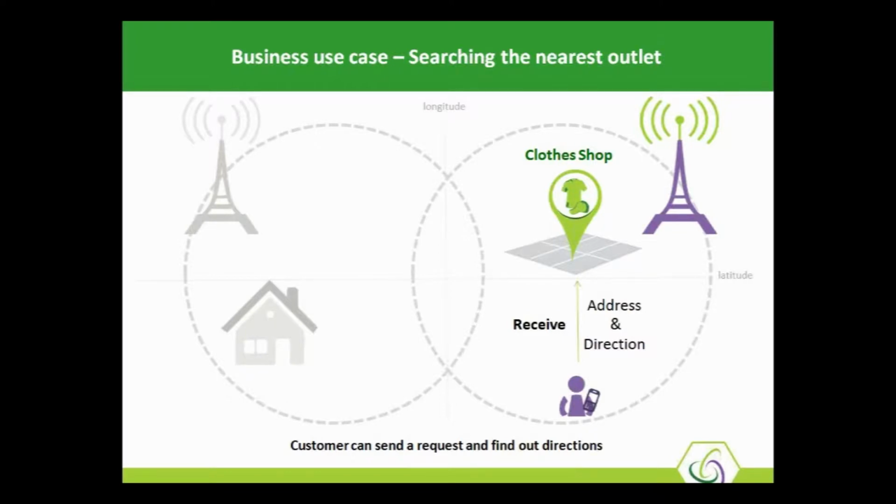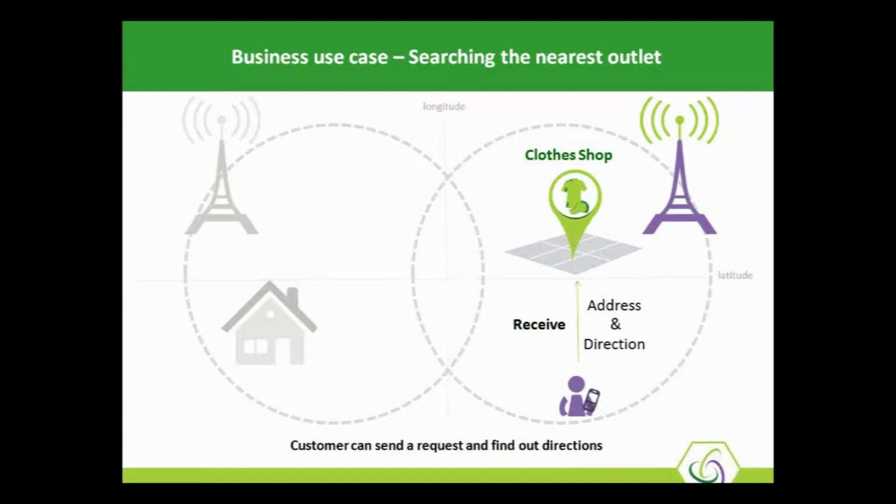The second example: imagine that I'm going shopping and I want to buy a shirt, but I don't know where to buy it, and I'm in the middle of a street. So what I would do is send an SMS, and as a response I will get a list of shops that sell the shirt I want. All these shops are located near my current location.